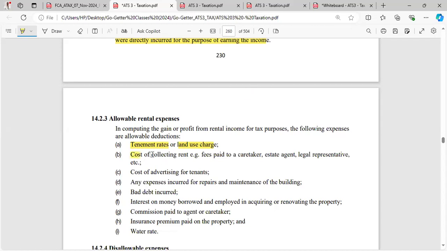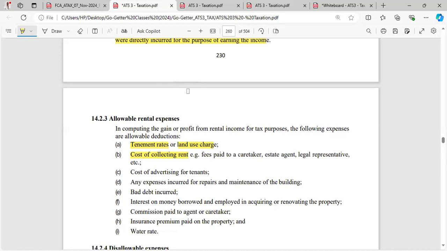Now, cost of collecting the rent. For example, you have a caretaker and you ask your caretaker to collect this rent for you and you are giving him a percentage, or you use an estate manager or estate agent, or you have your lawyer collecting this rent for you and you are paying him your lawyer's fee.